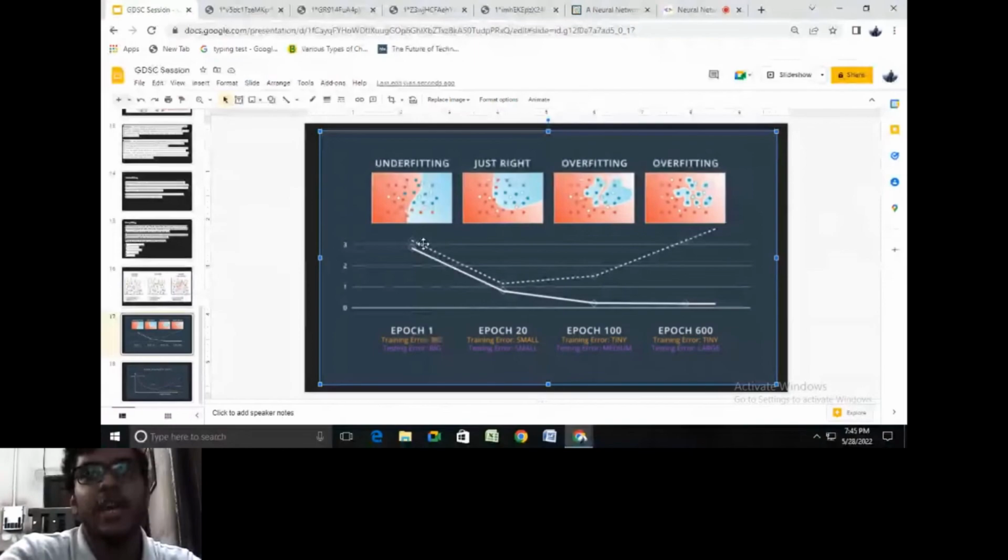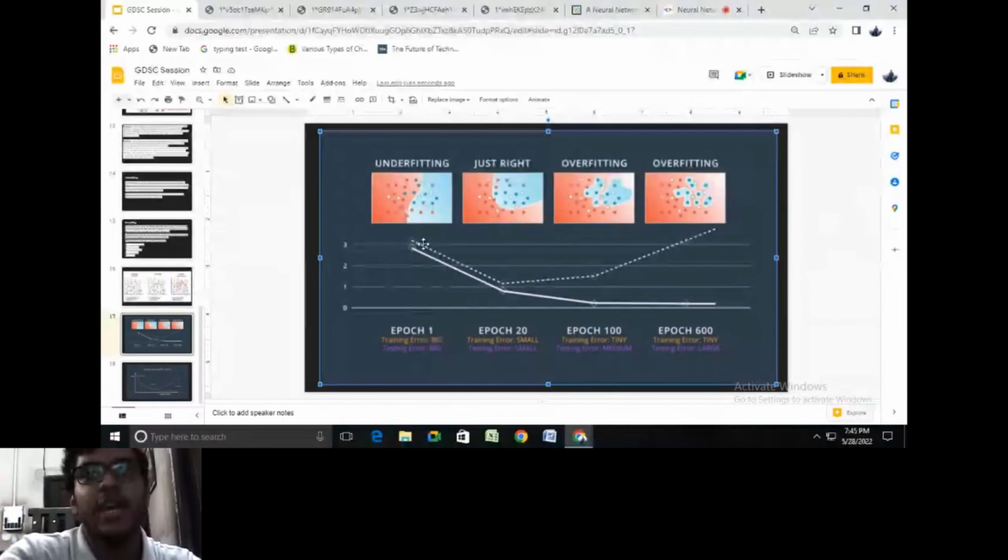Here, in this region with the orange circle, we can say that the model has been optimally trained because the gap between the training error and the testing error is low, and both of them are almost at the minimum. But after this region, even if the training error is going down, the testing error is actually going up.